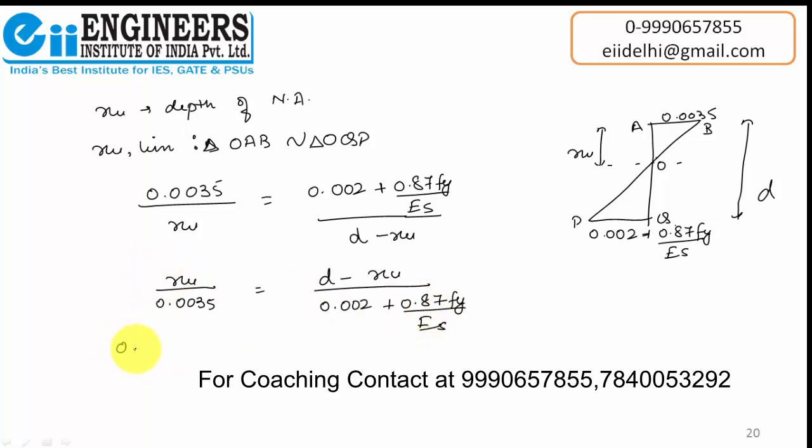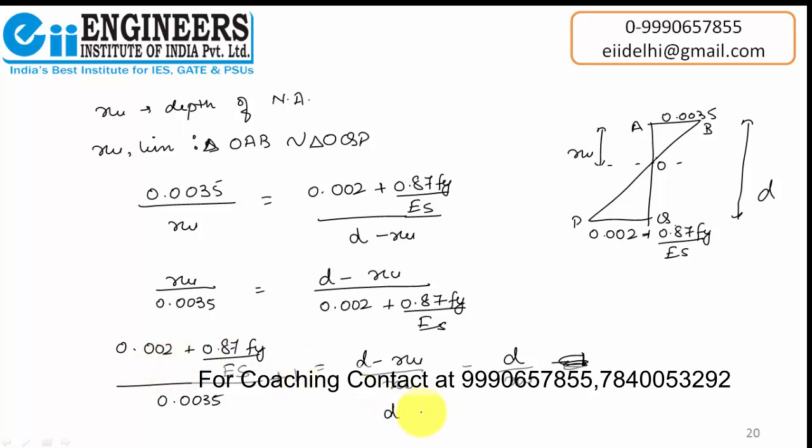Now we'll take this thing here and bring this Xu here. So it will be 0.002 plus 0.87 Fy by Es upon 0.0035 equals d minus Xu upon Xu. If you solve this, it will be d upon Xu minus 1. Now if you take this minus 1 to that side, it becomes plus 1 here. Now solving this value, this 0.0035 will go here and add up to this value.